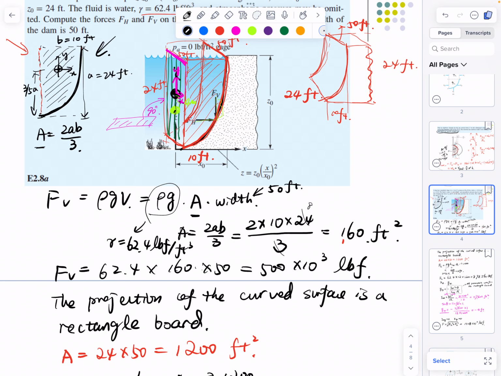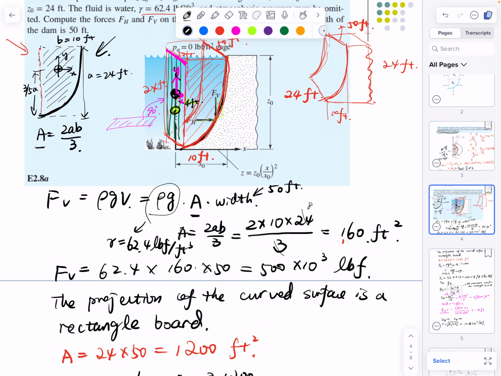Here is the centroid. After you project it, you just treat it as a regular rectangle board. You don't need to think about it as a curved board anymore. And here is the centroid, and below it, from YCP you can calculate the equivalent location or center of pressure, which is shown as green. That's 4 feet below.